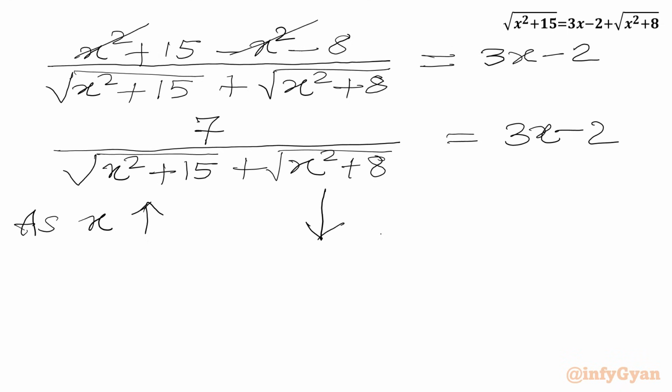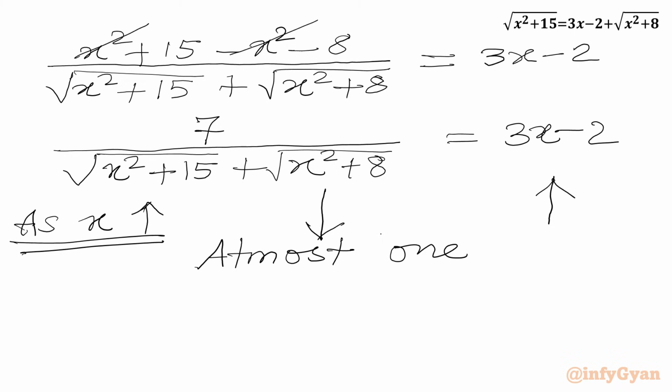So the LHS will decrease as x increases, and the RHS will increase as x increases. So on one side we have a decreasing function, on the other side we have an increasing function. So we can say here we are going to get at most one real solution.